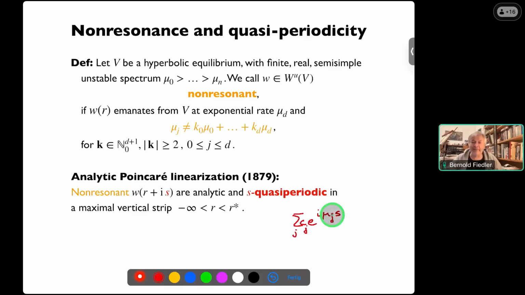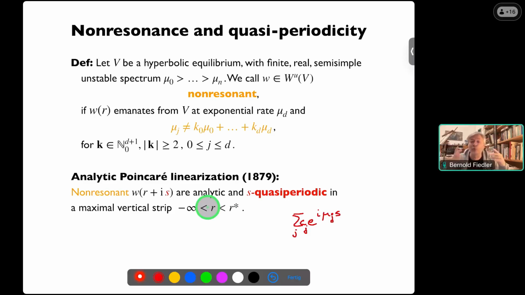So this is a quasi-periodic function, a periodic function with several frequencies mu_j. And local linearization means that for large negative real parts, I will shift time so that R star equals 0, I have this quasi-periodicity in imaginary time.